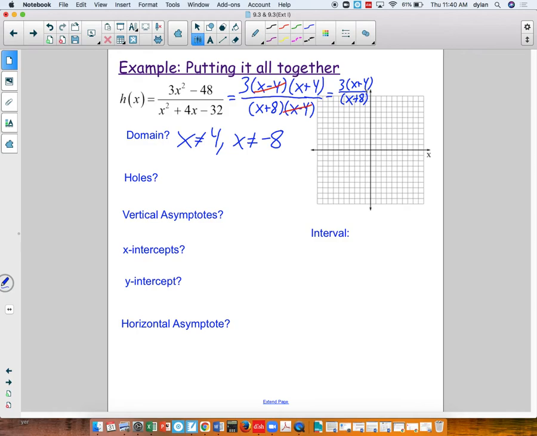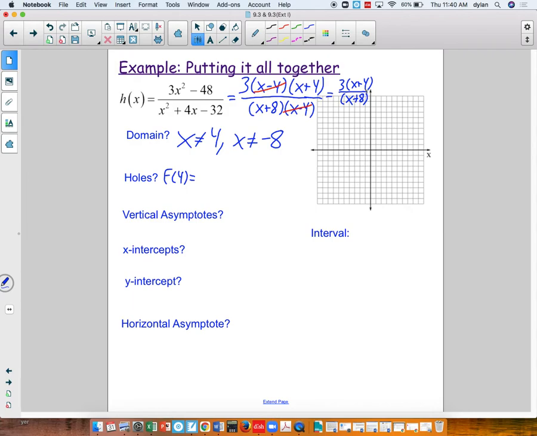So step 2 says find the holes and plot them. The holes exist wherever something canceled out in the numerator and denominator. So in this case, our hole is at x equals 4. And we want to know the y coordinate as well, so we need to check f of 4. And we can do that in the factored and canceled version. So f of 4 would be pretty simple to find, because it would just be 3 multiplied by x plus 4.